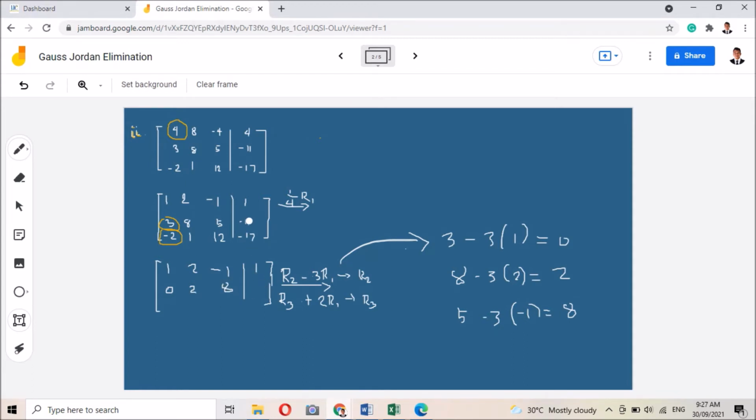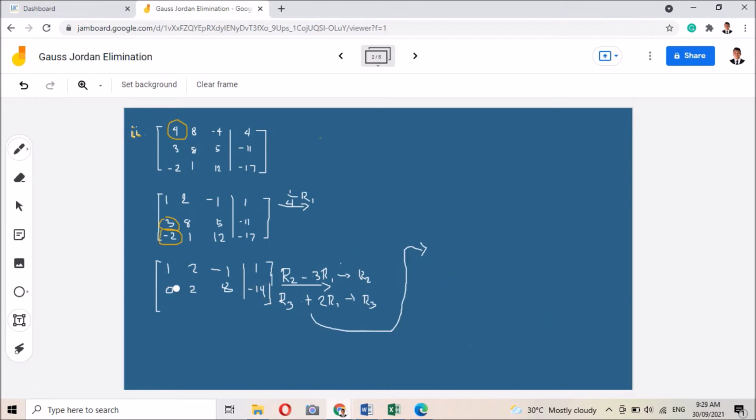Then the last entry, negative 11. Negative 11 minus 3 times the r sub 1 entry in this column, which is positive 1, gives negative 11 minus 3, which is negative 14. So you write there negative 14.